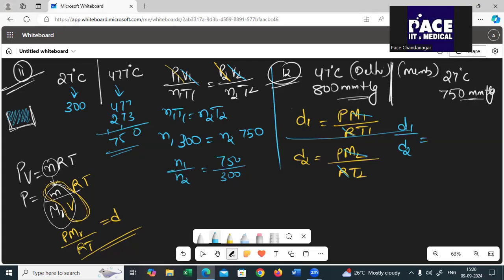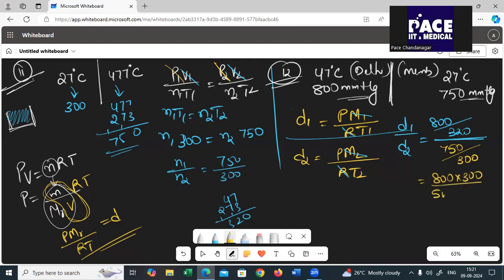P1 is 800 mm by T1 which is 47 plus 273. Don't forget to change this. If you don't change this, you are lost. So this is 320, divided by D2. D2 is pressure 750 by T2, which is 27 degrees, written as 300 Kelvin. So this is 800 into 300 by 750 times 320.